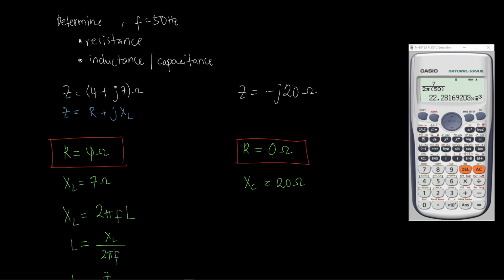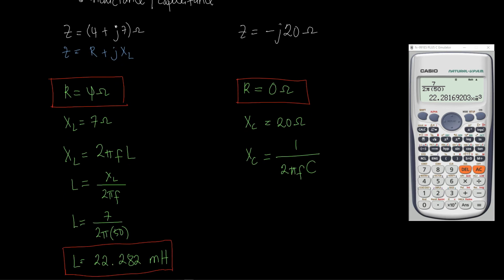Okay? Now, unsa ang XC? XC is equal to 1 over 2 pi FC. So, kung sa inductor, 2 pi FL, sa XC is 1 over 2 pi FC. So, pila ang ato ang capacitance? C is equal to, ikambyo lang nato sa XC ug C, mahimo siya 1 over 2 pi FXC.